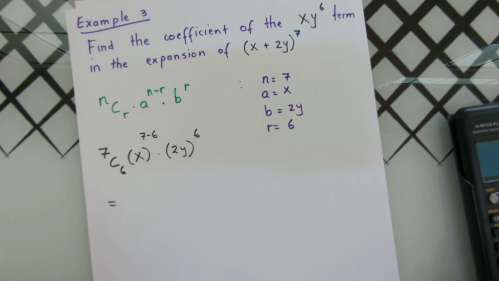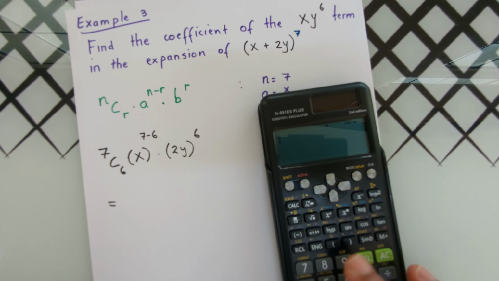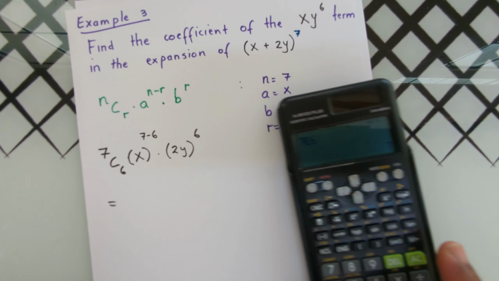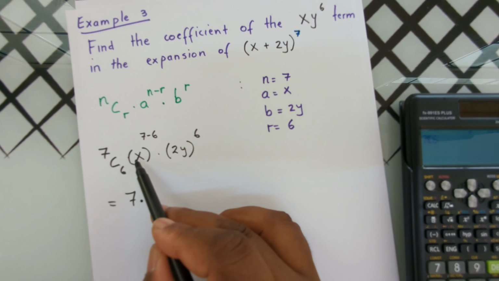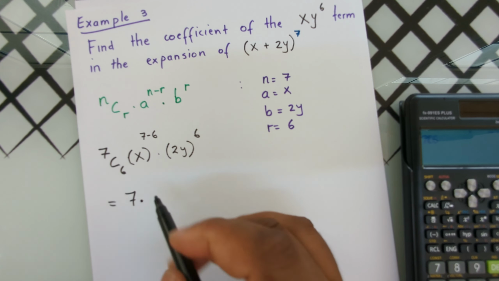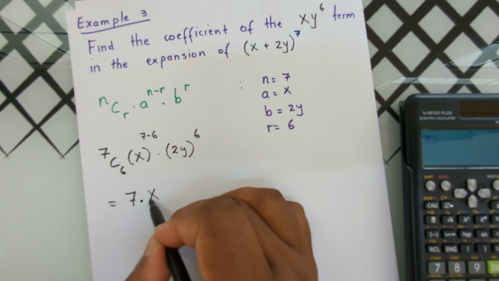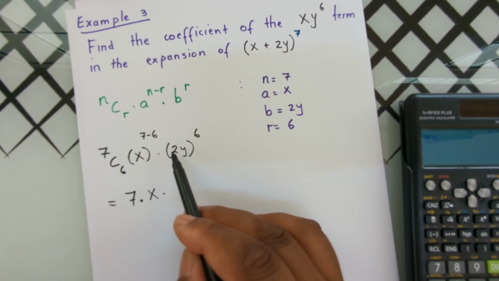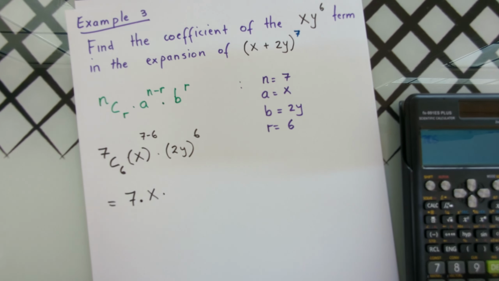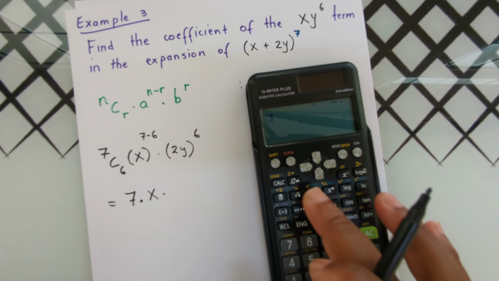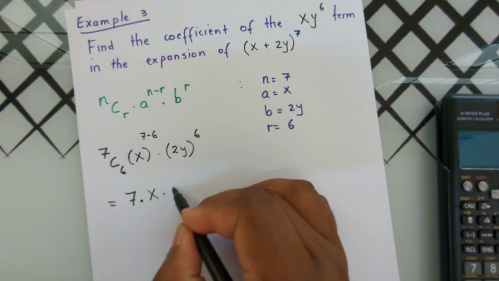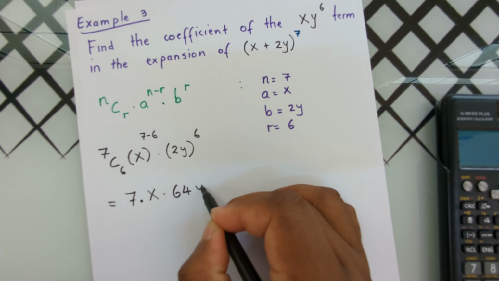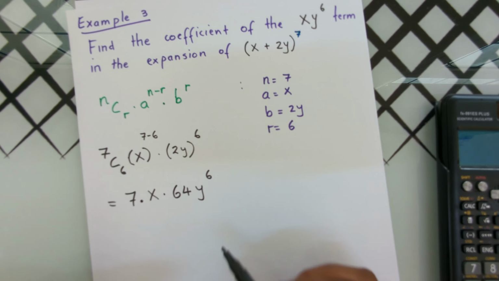And let's simplify this. Let's go to our calculator. 7 choose 6 is 7. So this will be 7 being multiplied by x to the power 7 minus 6, which is just 1. So multiplied by x, multiplied by 2 to the power 6, multiplied with y. So 2 to the power of 6 is 64. So multiplied by 64 with y to the power of 6.